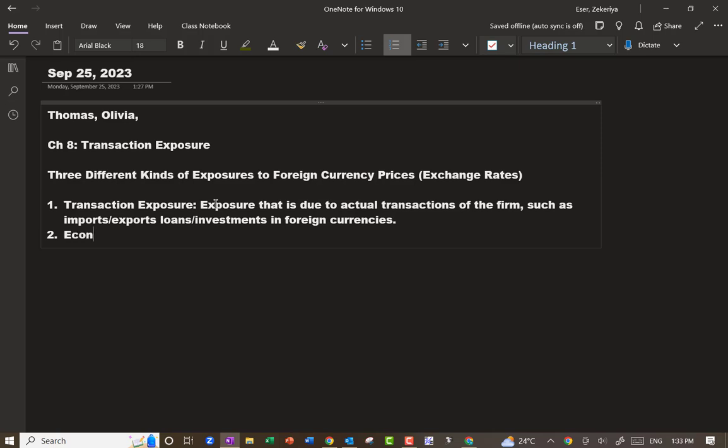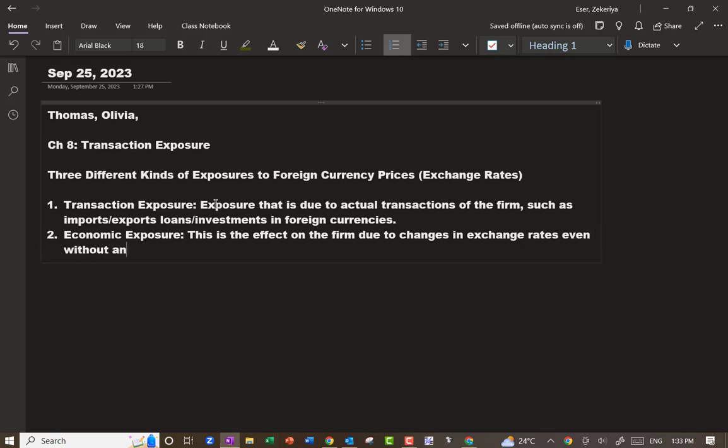The second type of exposure is called economic exposure. This is the effect on the firm due to changes in exchange rates, even without any transaction exposure.